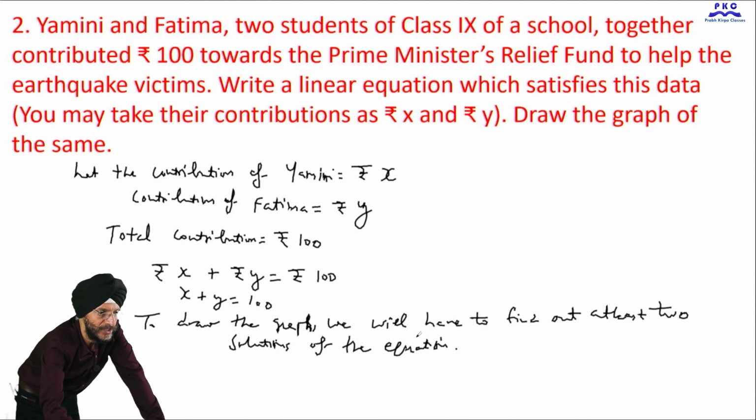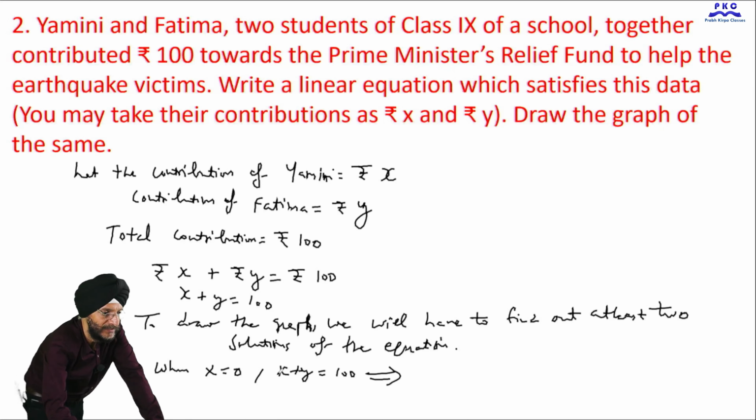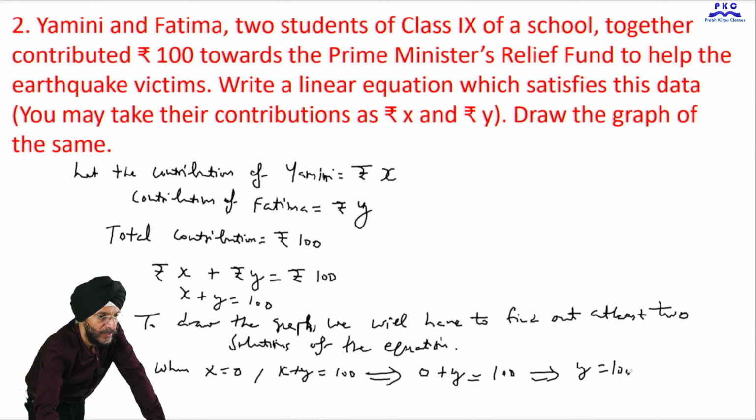What may these solutions be? When x is equal to 0, then what will happen? X plus y equals 100 is the equation. Filling the value of x as 0, we get 0 plus y is equal to 100, so y is equal to 100.